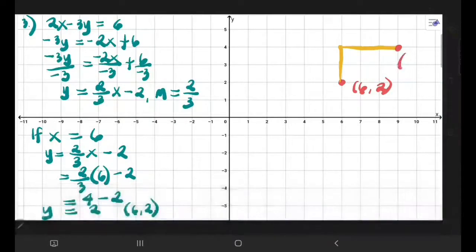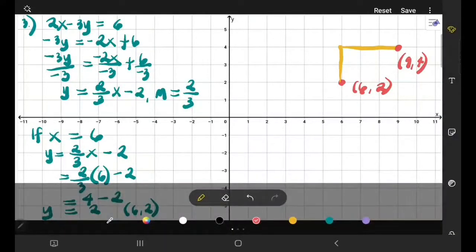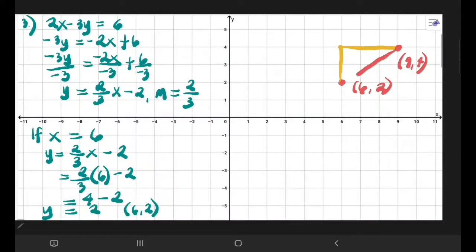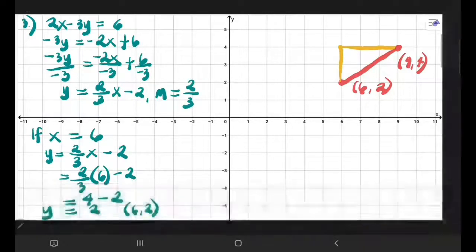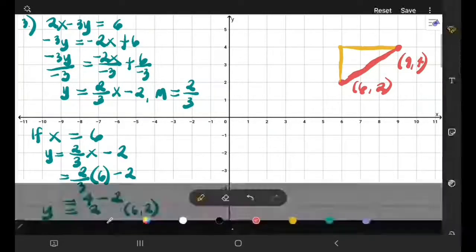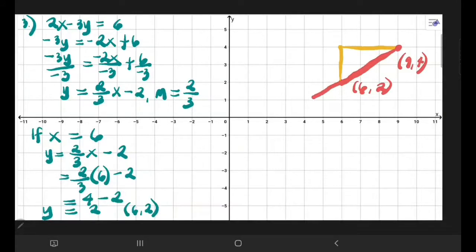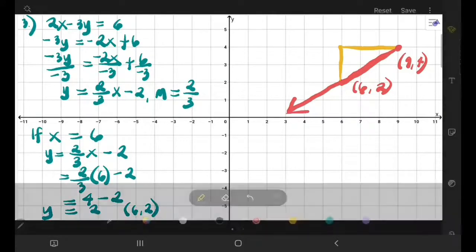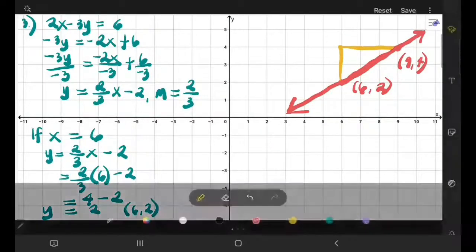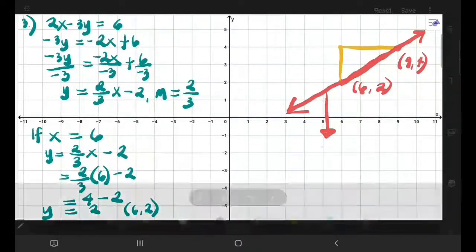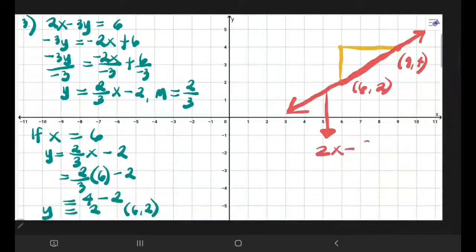So this is 9, 4. And then you connect. So this is the graph of 2x minus 3y equals 6.